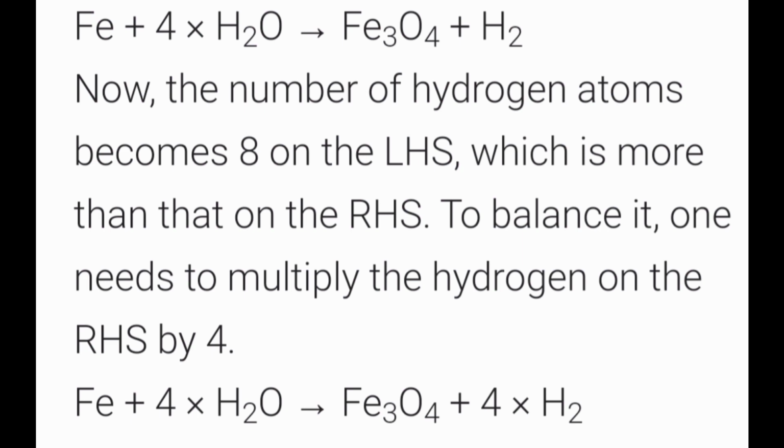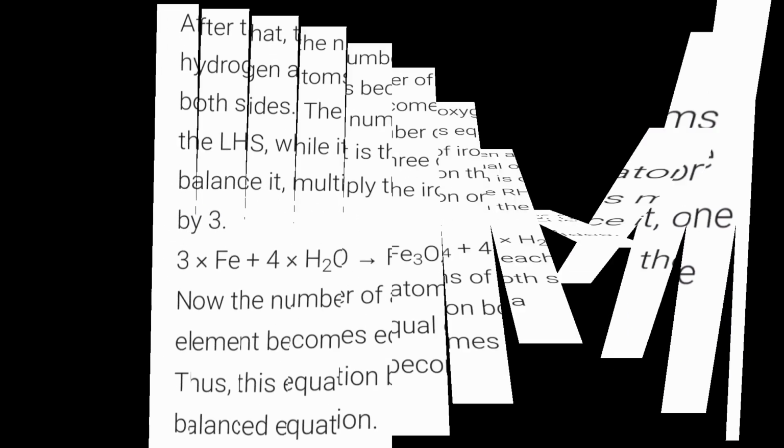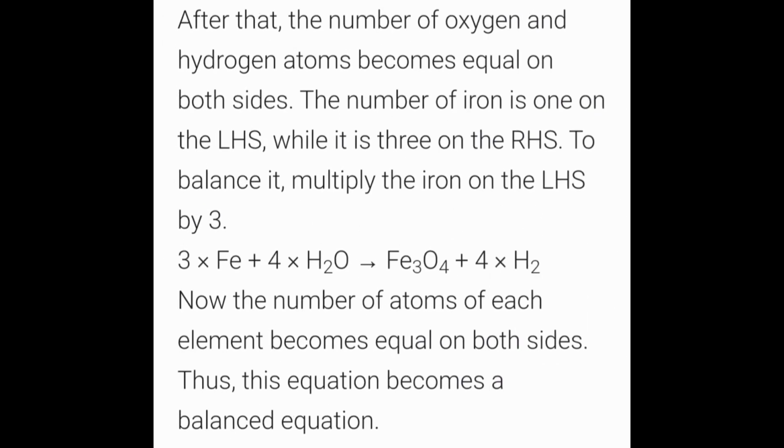Now the number of hydrogen atoms becomes 8 on the left hand side, which is more than that on the right hand side. To balance it, one needs to multiply the hydrogen on the right hand side by 4. After that, the number of oxygen and hydrogen atoms becomes equal on both sides. The number of iron is 1 on the left hand side while it is 3 on the right hand side.